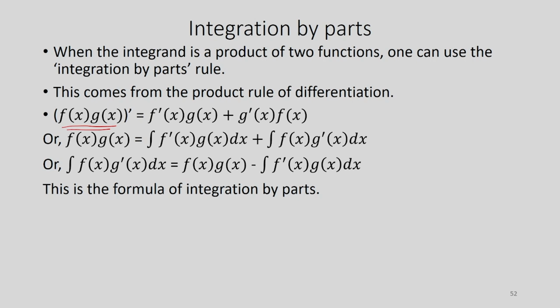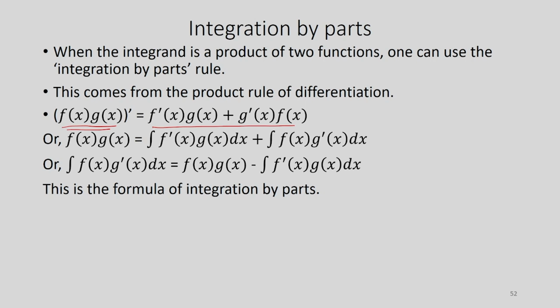And that, as we know, can be found out by using the product rule. So, on the right hand side, you have that application of the product rule, f prime x multiplied by g(x) plus g prime x multiplied by f(x). So, this is the familiar rule of differentiation. We have seen this before.